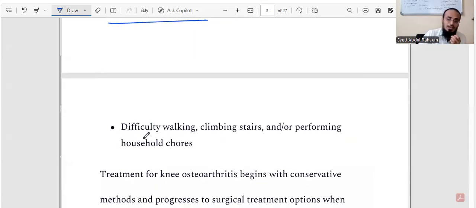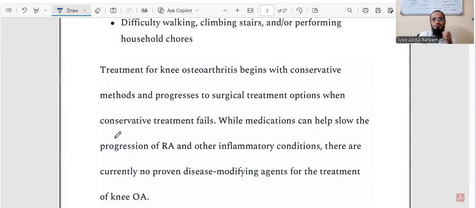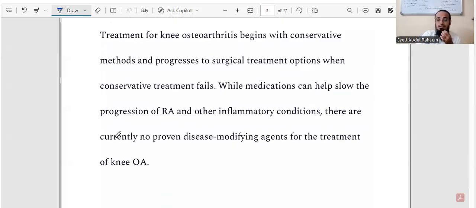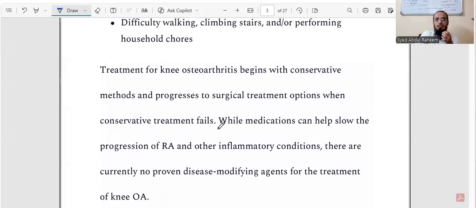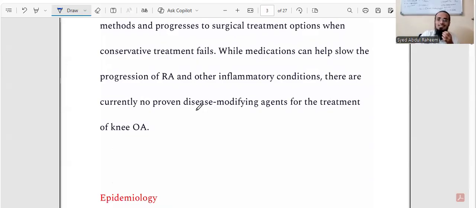And sometimes difficulty in walking, and those patients are unable to climb stairs, and they are unable to do household work also. So what will give them treatment or improvement? Sometimes medicines along with physiotherapy and exercise will improve the mobility.